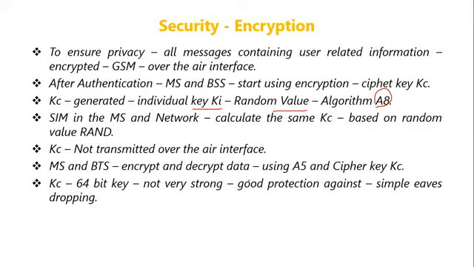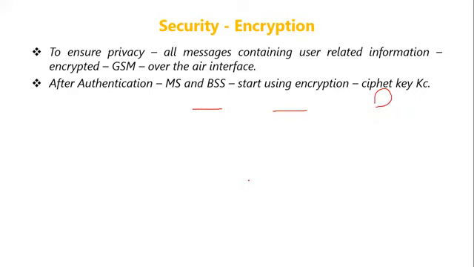In access control and authentication, there are two levels of authentication. One is authentication of the SIM, which is done by PIN, and the other is authentication of the subscriber, which is done by the challenge response method, as discussed in this diagram.